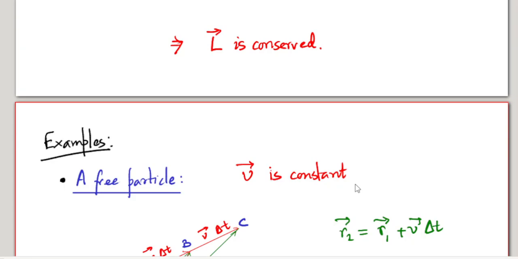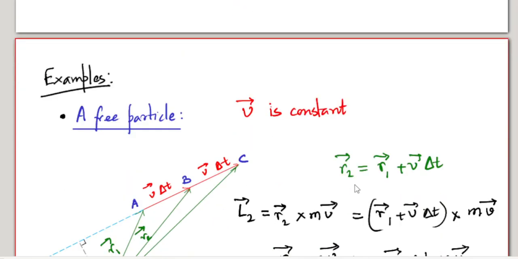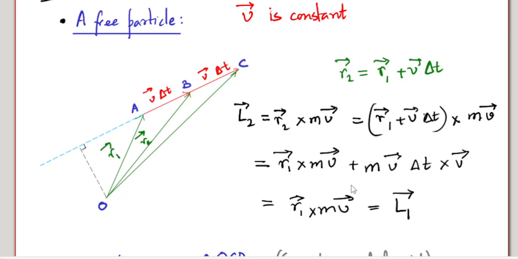As I have already stated, the notion of angular momentum is not the first thing that comes to our mind when we are talking about straight line motion, especially free particle motion. Let's see how that works out.